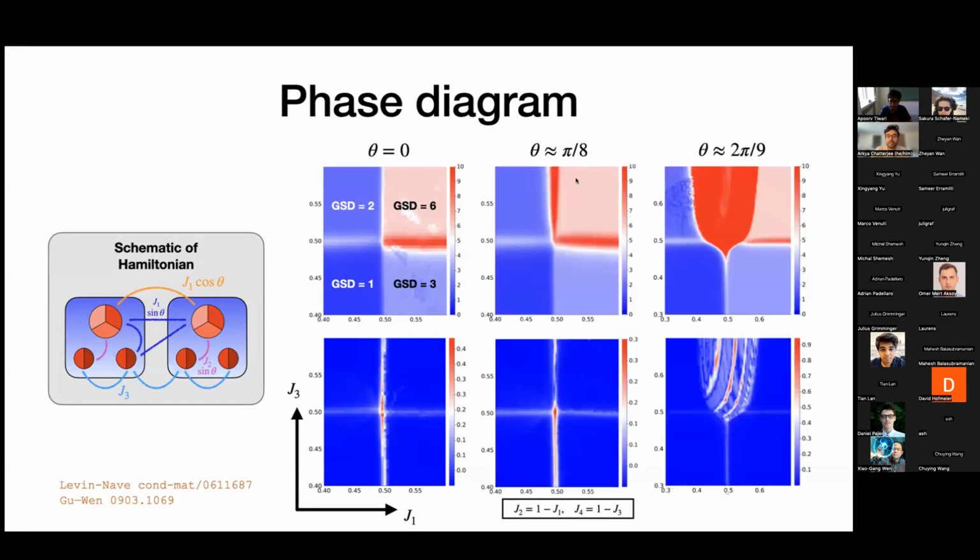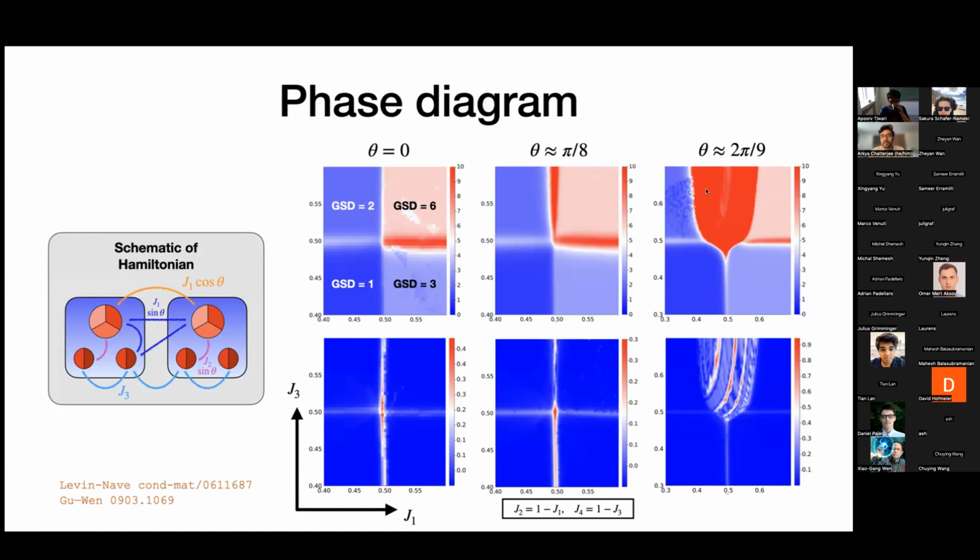So as you turn on theta, for small theta, the phase diagram remains the same, which is what we predicted based on RG arguments. But at large enough theta, it turns out that there's this big gapless region where central charge is non-zero. So that indicates that it's a gapless region. There are some indications that this is also an incommensurate phase. So let's get to that in a second.